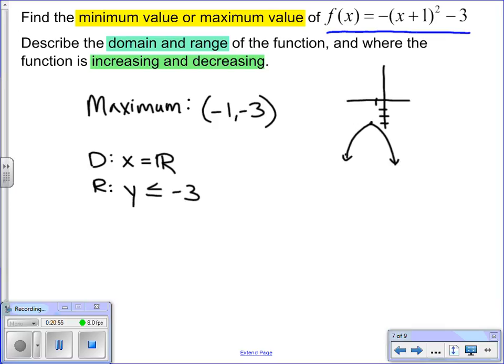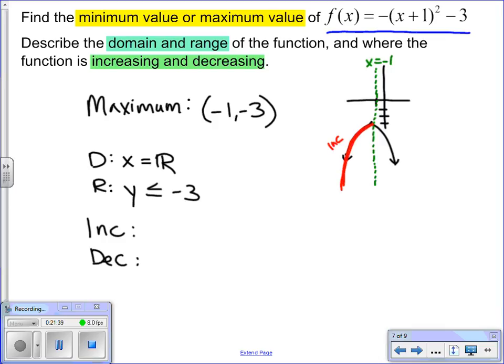And the last thing we want to do is identify increasing and decreasing. This is where we're actually going to use our vertex, or more specifically our axis of symmetry, to split the graph. So you can imagine your axis of symmetry right here going through the vertex, and this is x equals negative 1. On the left side of the graph, for all the numbers that are less than negative 1, is my graph increasing or decreasing from left to right?